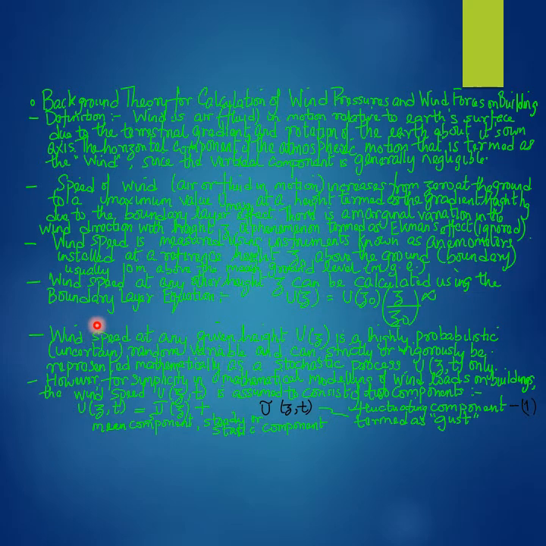Further, the wind speed at any given height z in itself is a highly probabilistic and random variable, that is an uncertain variable, and therefore requires to be modeled as a stochastic process in mathematical terms, strictly or rigorously.